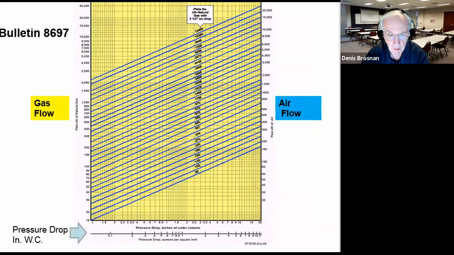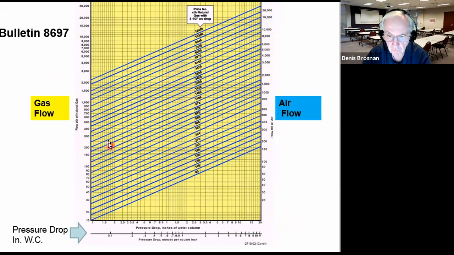Well, for each particular orifice meter, you're going to have a graph like this that relates pressure drop to gas flow. On the left side is gas flow, and on the right side, if you're measuring airflow, it's on the right side. And the numbers on here are numbers for each orifice plate.